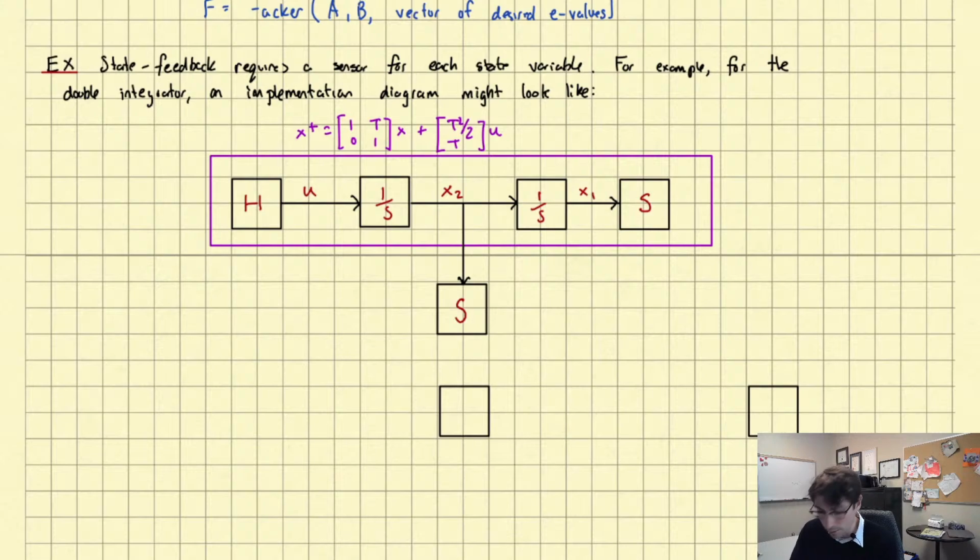In other words, to implement this, we would take the sampled value of x2, and that would be multiplied by whatever gain you computed, little f2. And again, we would take the sampled value of x1, and you would multiply that by the gain that you've designed, F1.